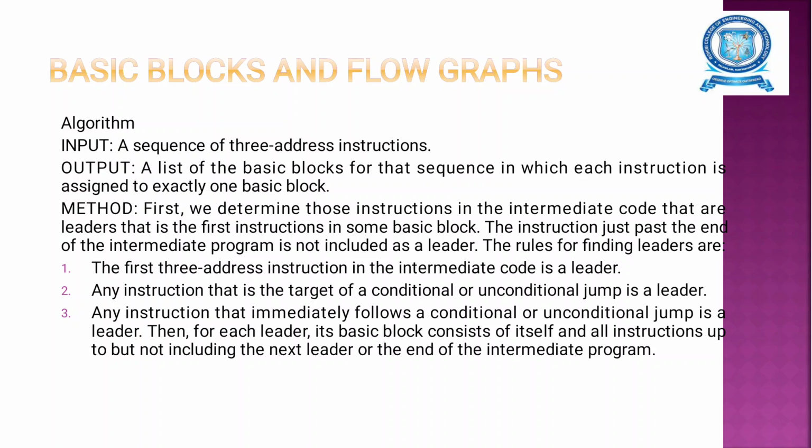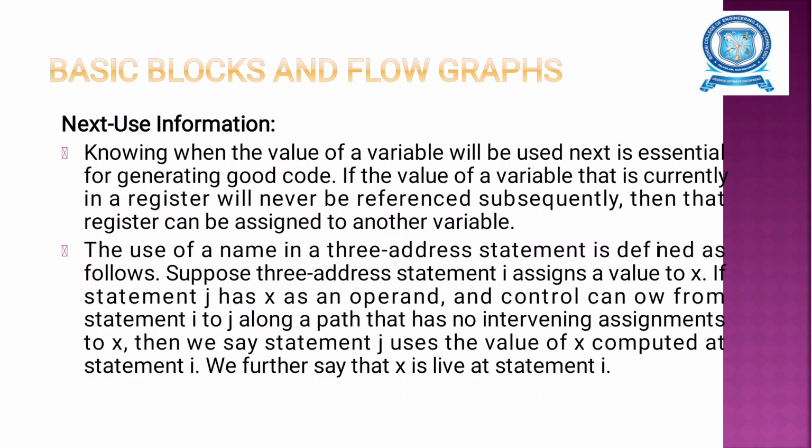The rules for finding leaders: the first three-address instruction in the intermediate code is a leader; the target of a conditional or unconditional jump is a leader; and the instruction that follows a conditional or unconditional jump is a leader. These three rules are followed for finding leaders.